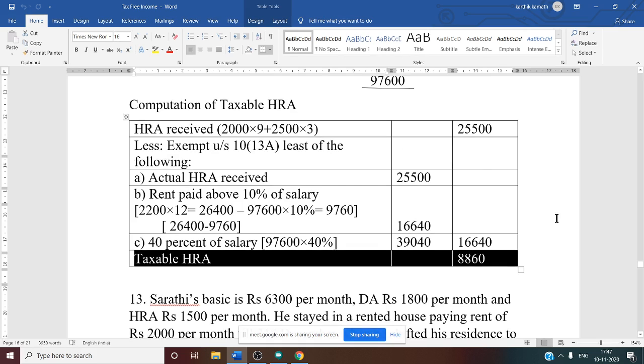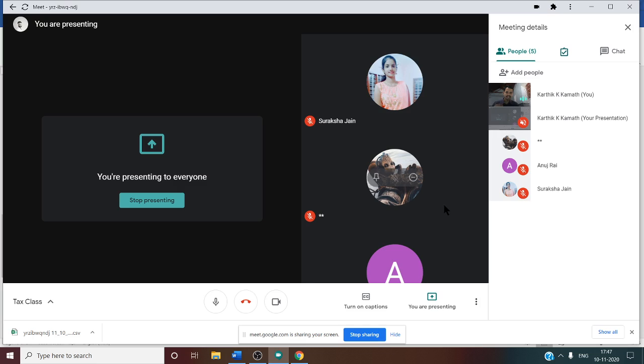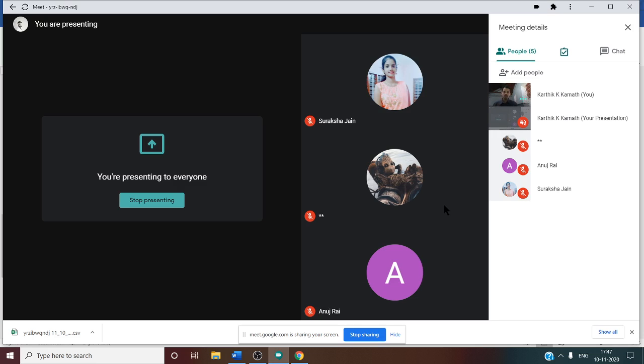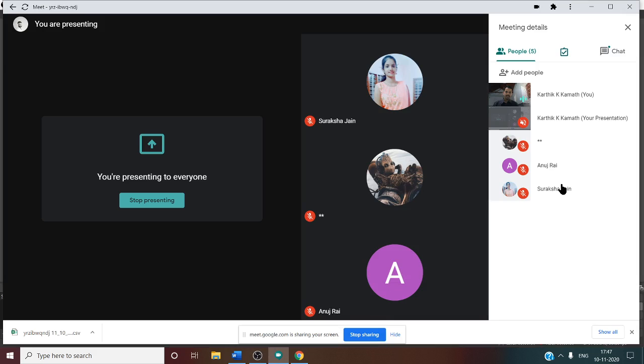Any doubt regarding problem number 12, we can discuss now. Any doubt regarding this, Hanumanta, Anuj and Suraksha, you can ask now. Problem number 12, a very simple problem for 4 marks. Suraksha is saying no doubt regarding this one. Any doubt, Anuj?